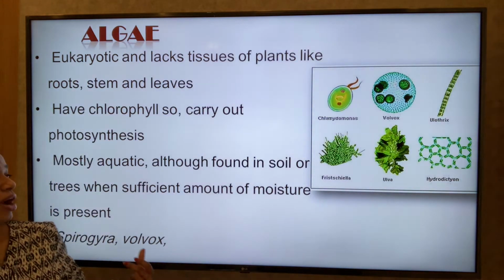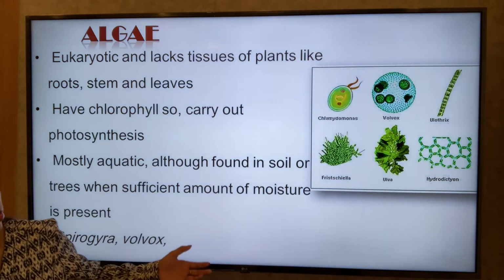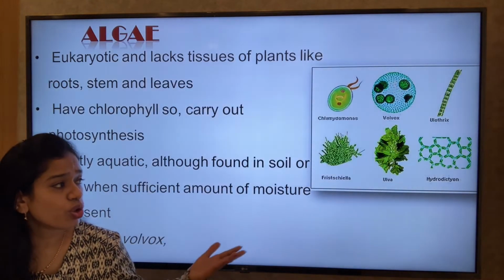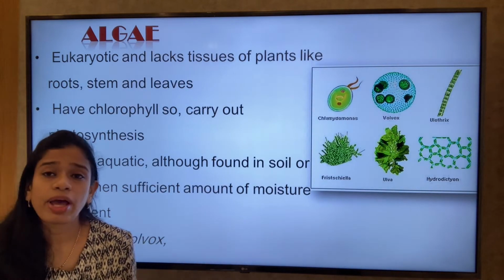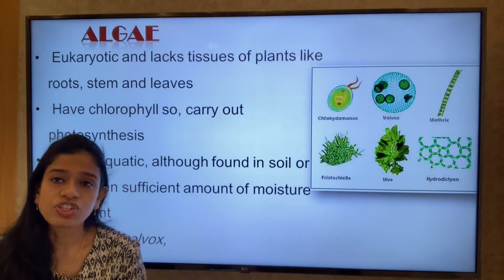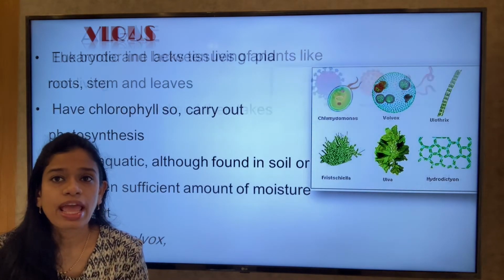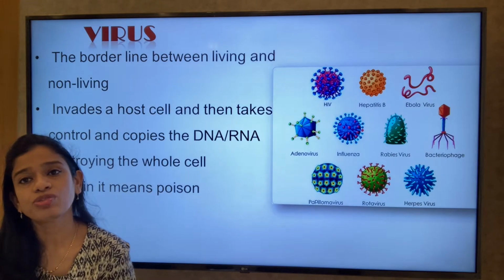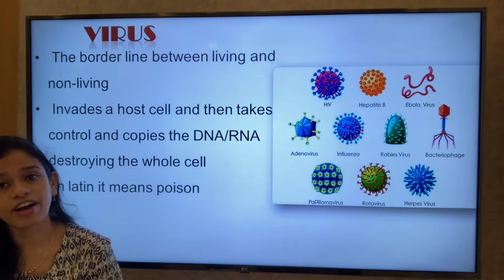Examples are Spirogyra, Ulothrix, Chlamydomonas, Volvox, all examples of algae which are green in color.